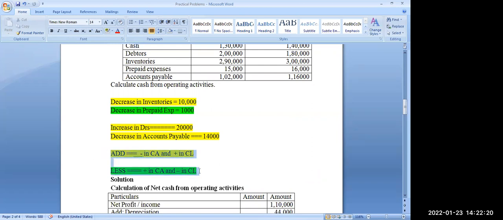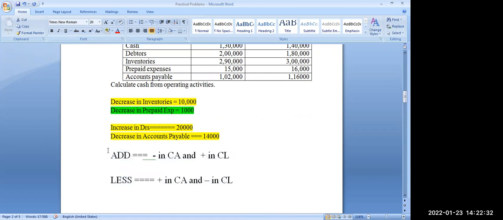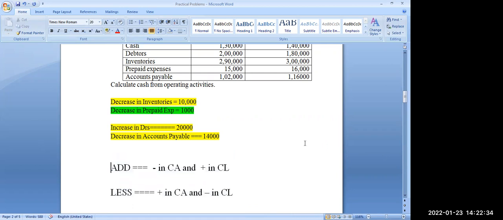Working capital changes are not found in the cash flow statement directly. So if there is any increase in the current asset of the company, we will have to minus it in the cash flow statement under the heading called operating activities.